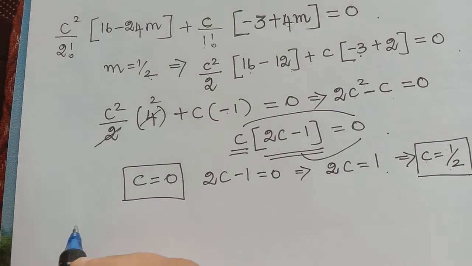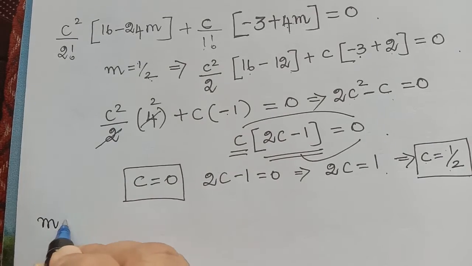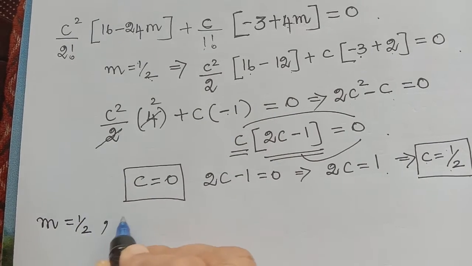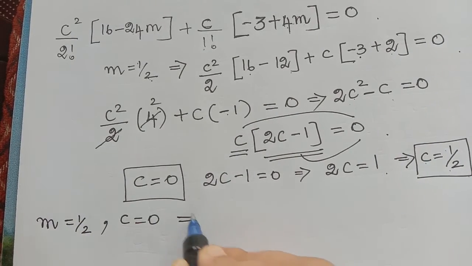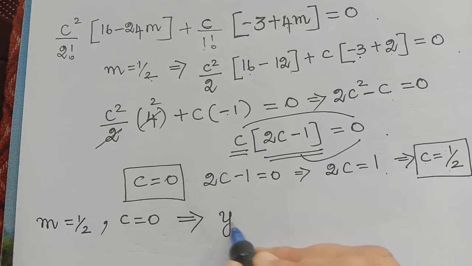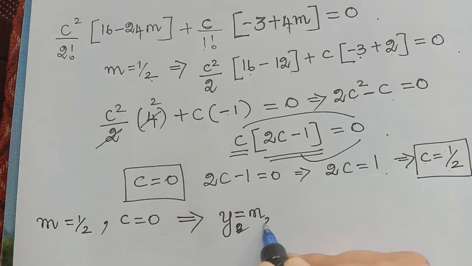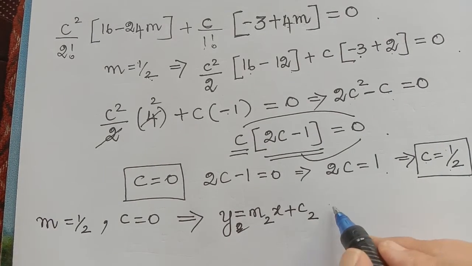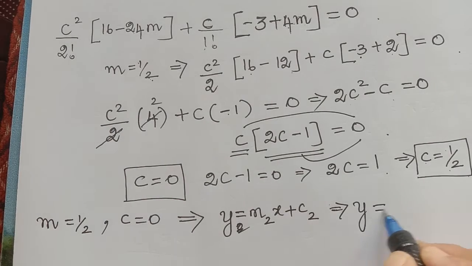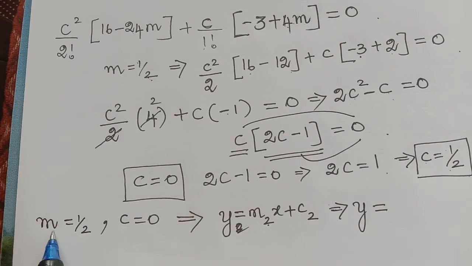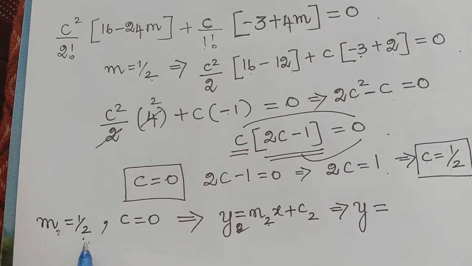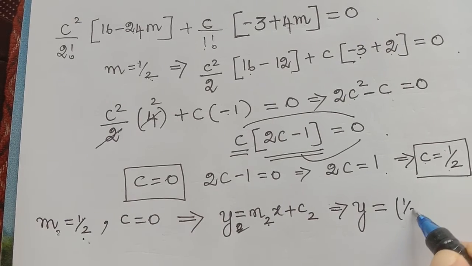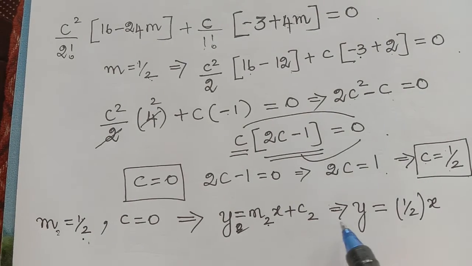Now we shall write the equation of the asymptote. When m is equal to 1 by 2 and c is 0, what will be the equation of the asymptote? The second asymptote is y equals m2 x plus c2. So y equals m2 x, and m2 is 1 by 2, so 1 by 2 x plus c2.